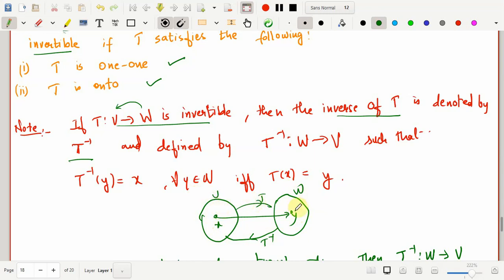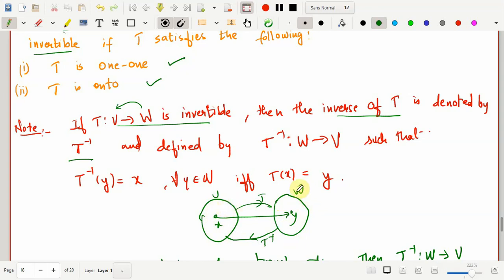If T is 1-1, it means that distinct elements of V map to distinct elements of W, and so for the inverse, distinct elements of W will be mapped to distinct elements of V via T inverse.